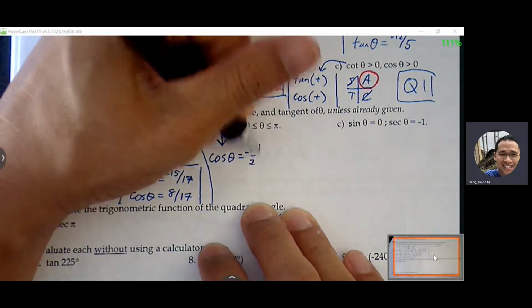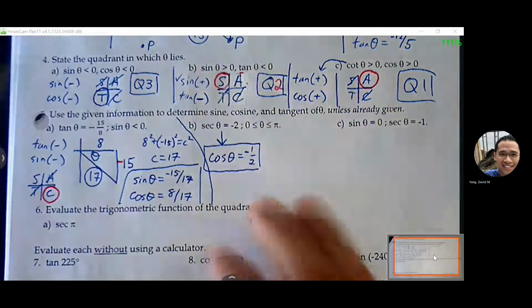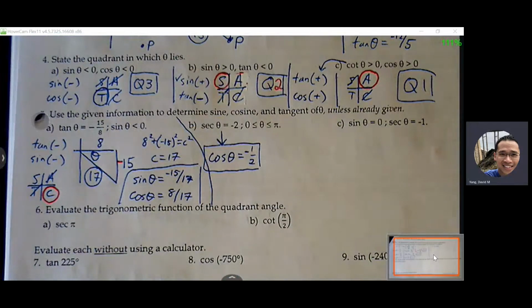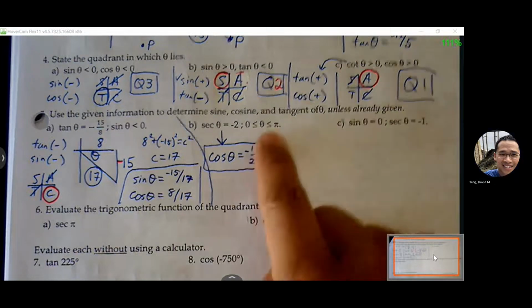And maybe that's a little bit easier to start from. So that's a strategy too: if something is given to you in terms of one of the reciprocal trig functions, get it into something in terms of sine, cosine, and tangent, and that feels more recognizable, right? Cosine is -1/2. We can find that on the unit circle.